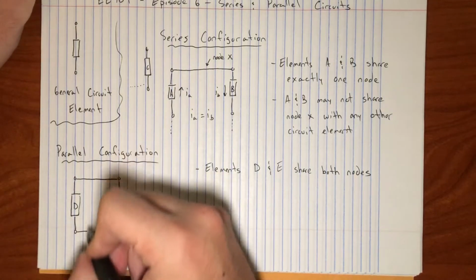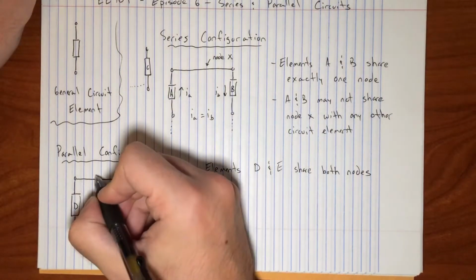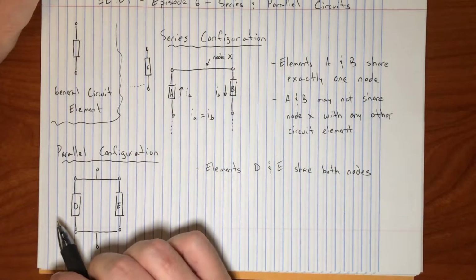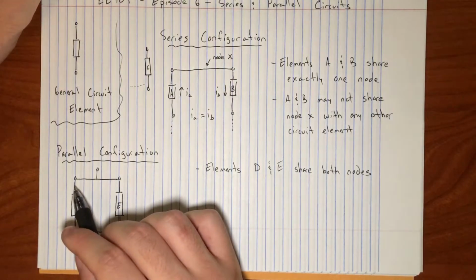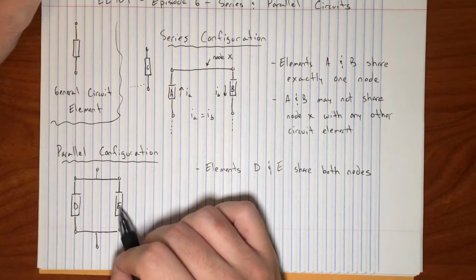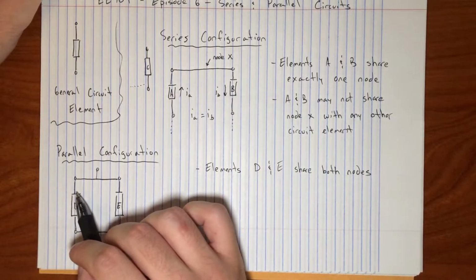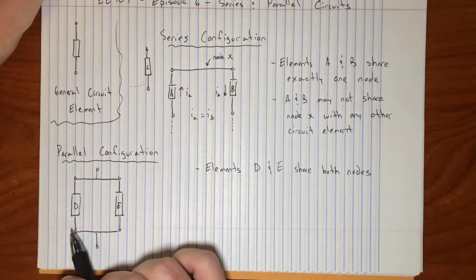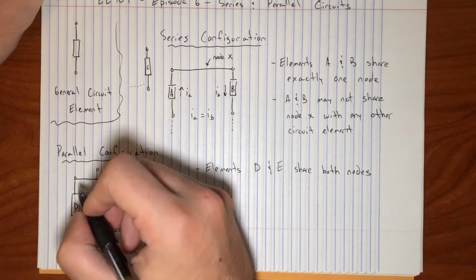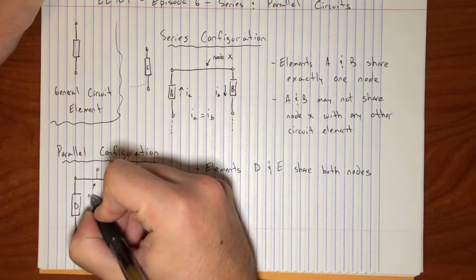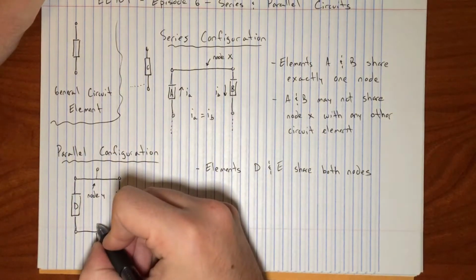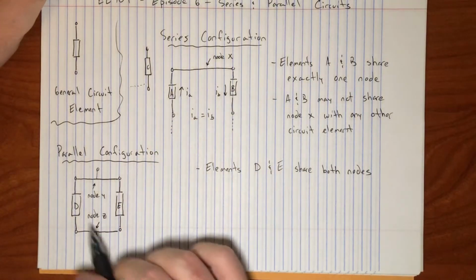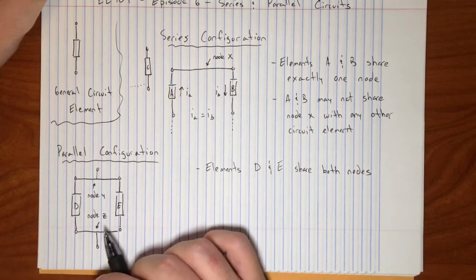In fact, let me draw this way. So now, in this configuration, these terminals on both sides of D and on both sides of E are shared, meaning one side of D connects to one side of E, and at the same time, the other side of D connects to the other side of E. So if I label this node Y, and this node Z, D and E share exactly both of their possible nodes.